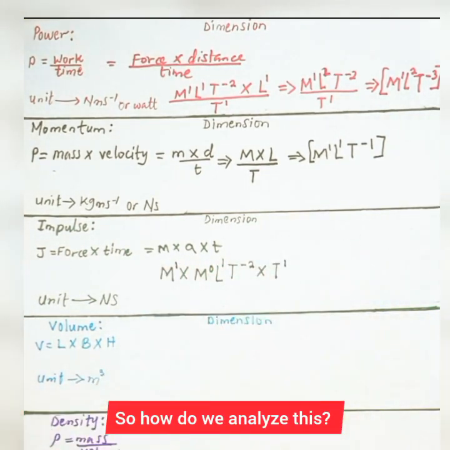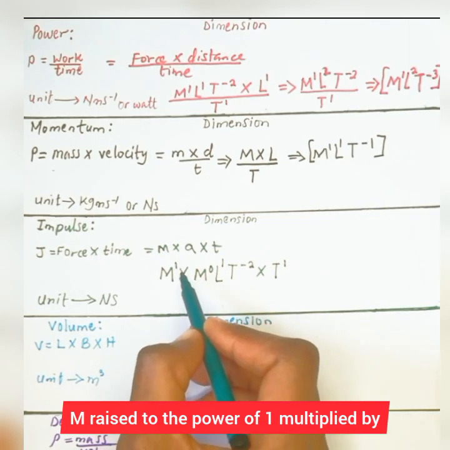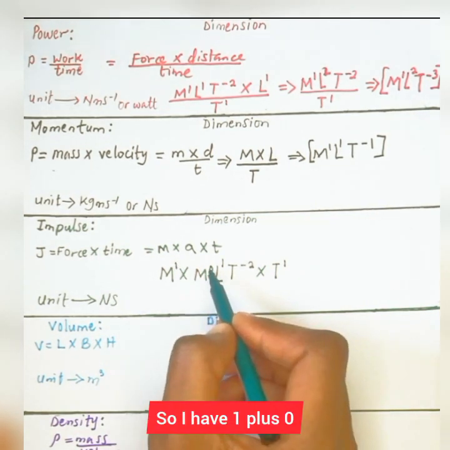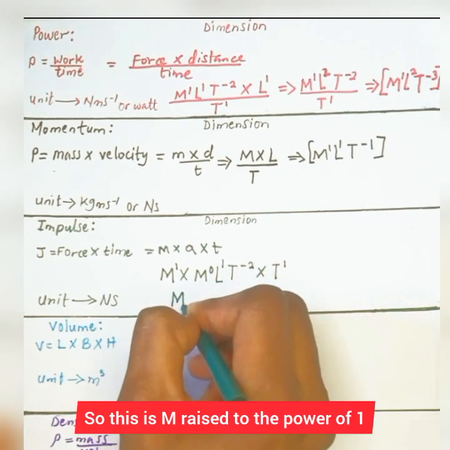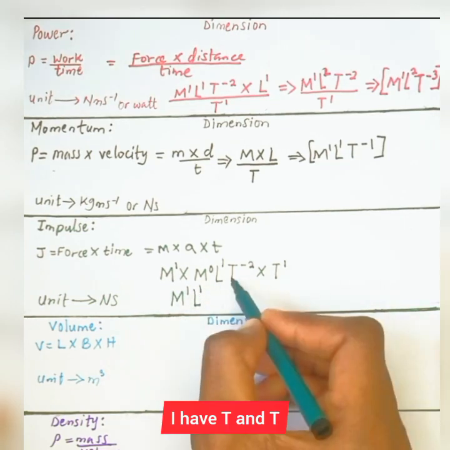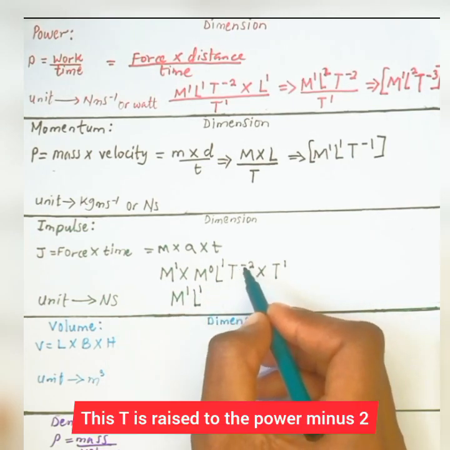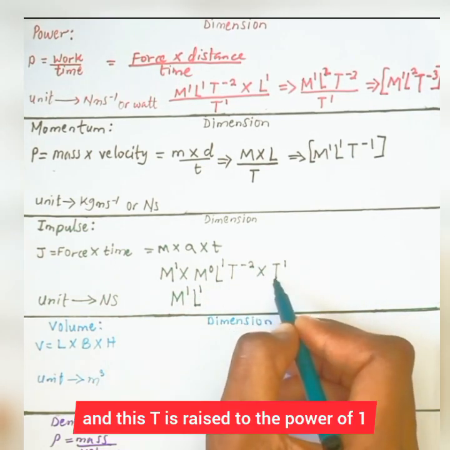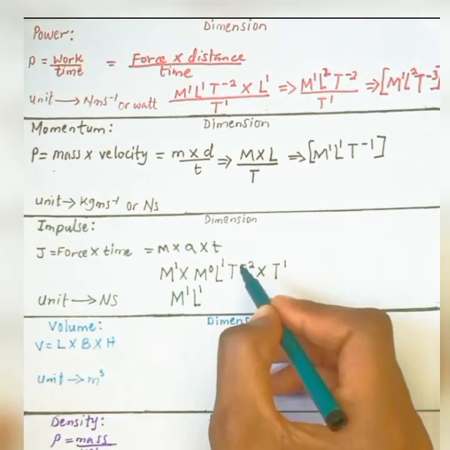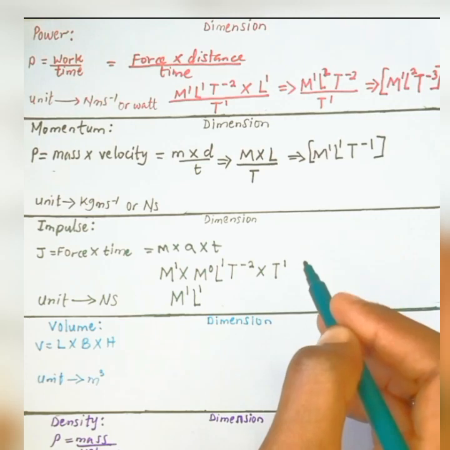So how do we analyze this? M raised to the power of 1 multiplied by M raised to the power of 0. So I have 1 plus 0, which gives me 1. So this is M raised to the power of 1. I have just one L raised to the power of 1. I have T and T. This T is raised to the power of minus 2, and this T is raised to the power of 1. If you are multiplying two same bases, you add their powers, and this is minus 2 plus 1, which gives minus 1.